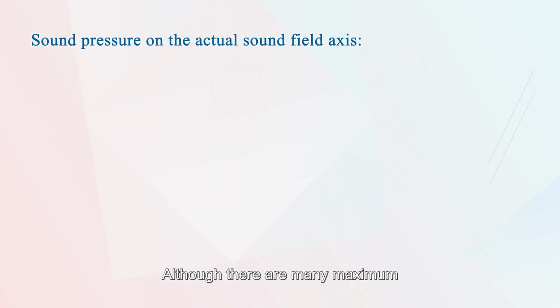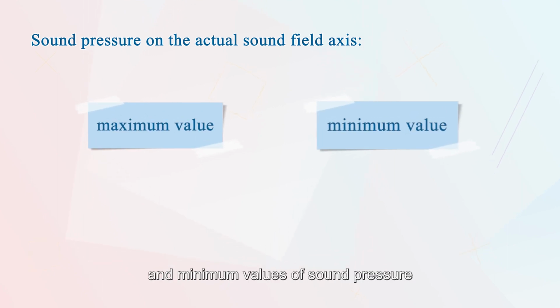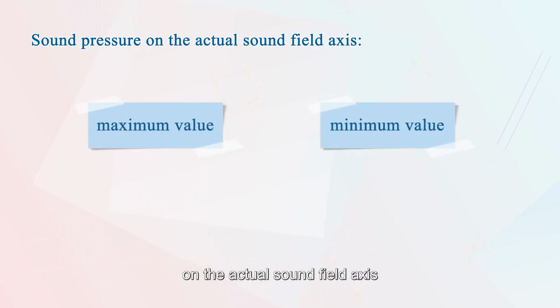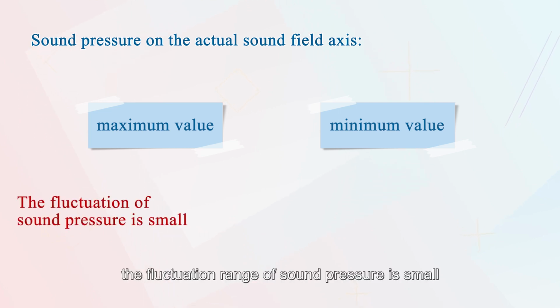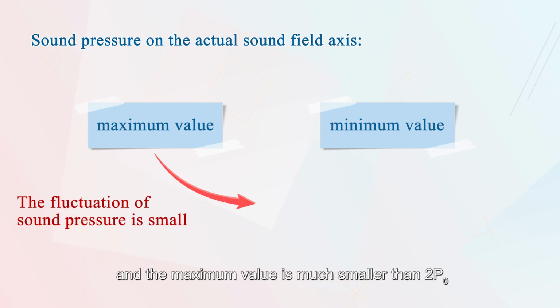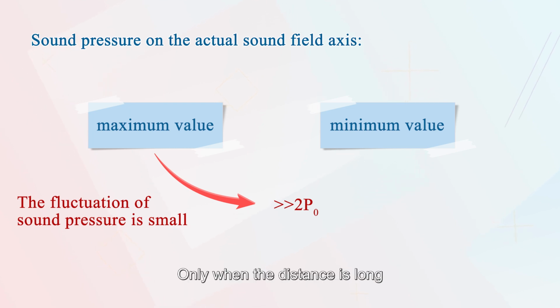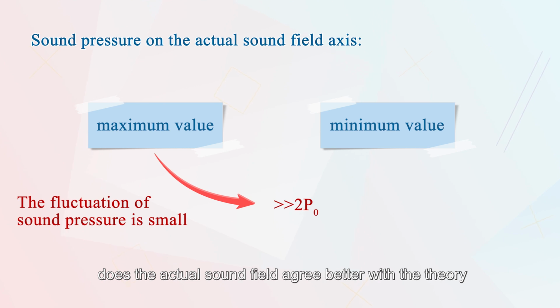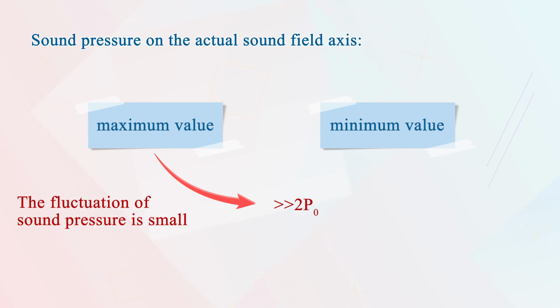Although there are many maximum and minimum values of sound pressure on the actual sound field axis, the fluctuation range of sound pressure is small, and the maximum value is much smaller than 2.0. Only when the distance is long does the actual sound field agree better with the theory.